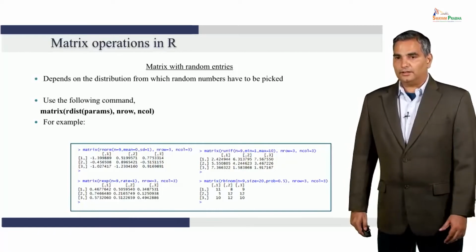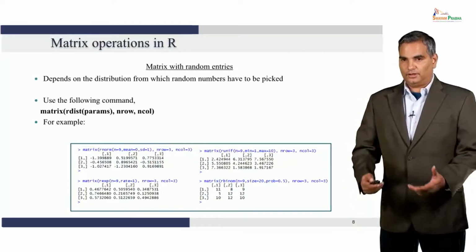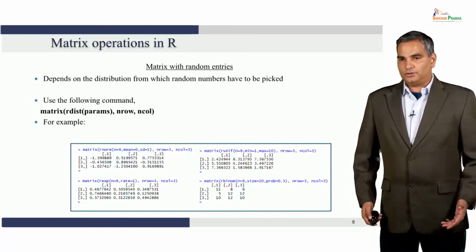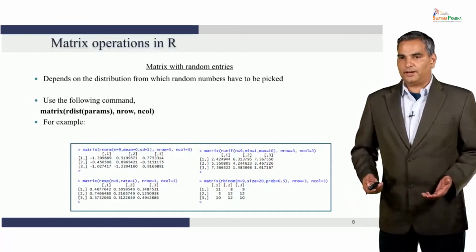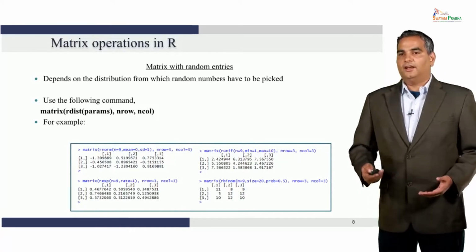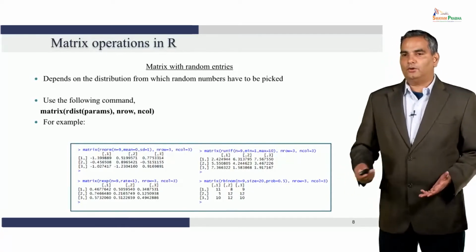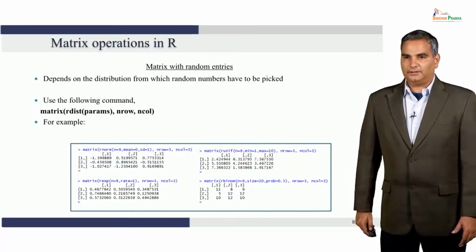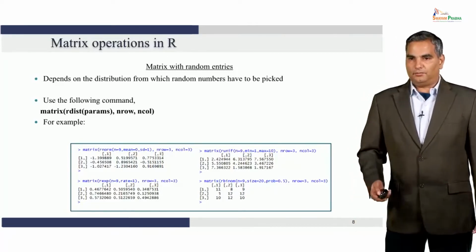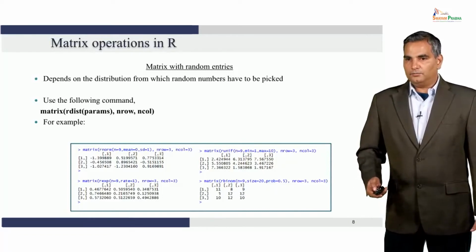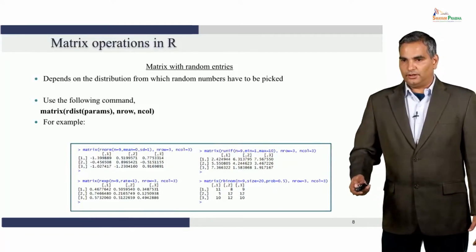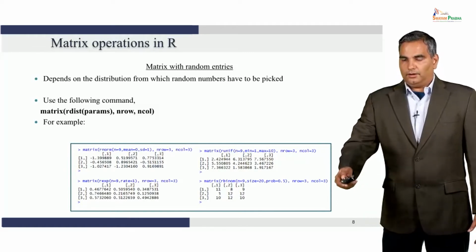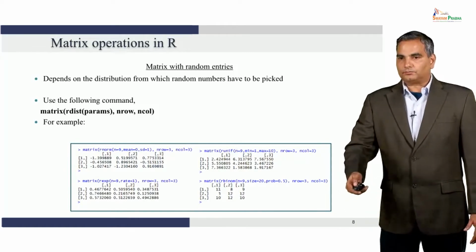Here is one example that I am showing, which is matrix, filled with some distribution, and the distribution has certain parameters. You specify the parameters, and as we saw before, nrow and ncol tell you the number of rows and columns that should be there in your matrix. So for example, if you take matrix rnorm 9, mean 0, SD equal to 1, nrow equal to 3, ncol equal to 3. That's a normal distribution.